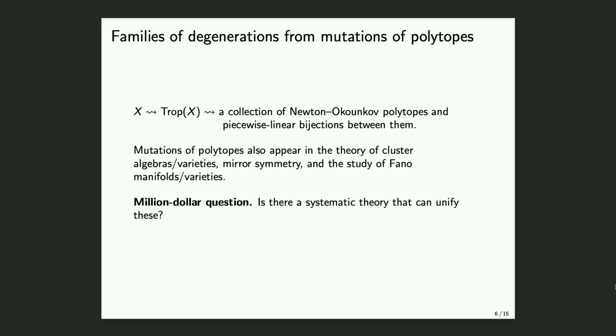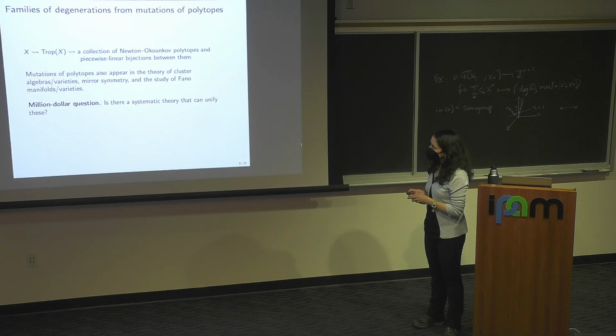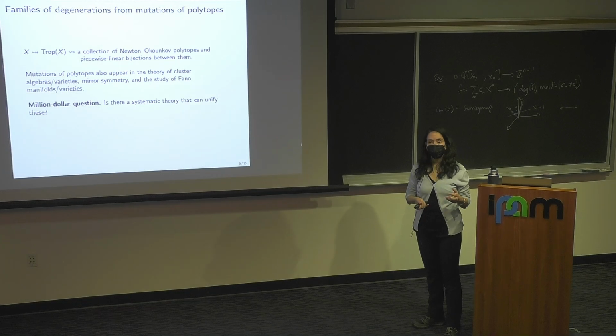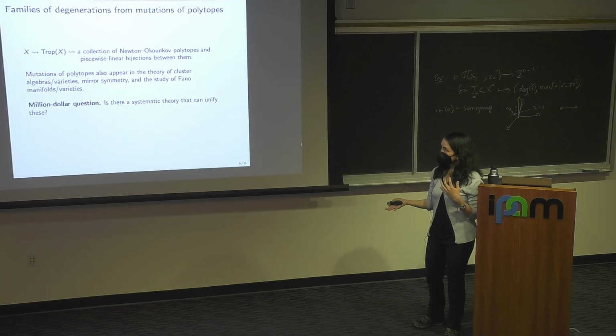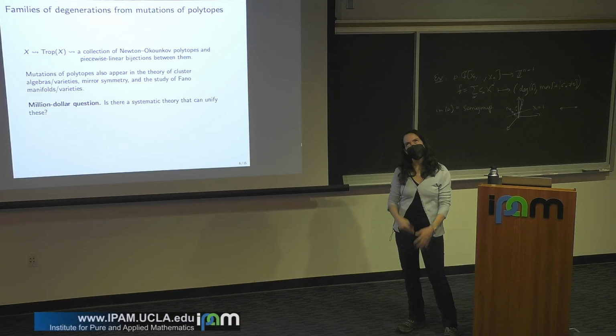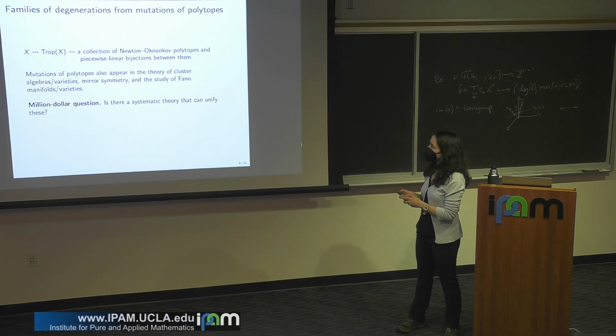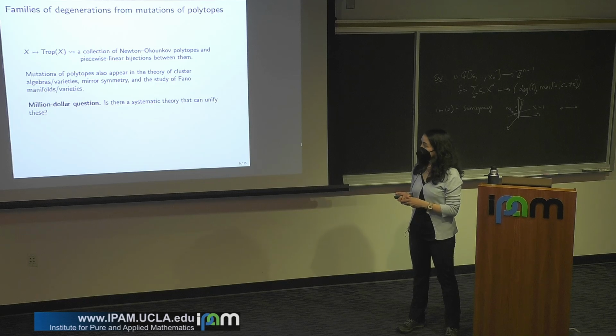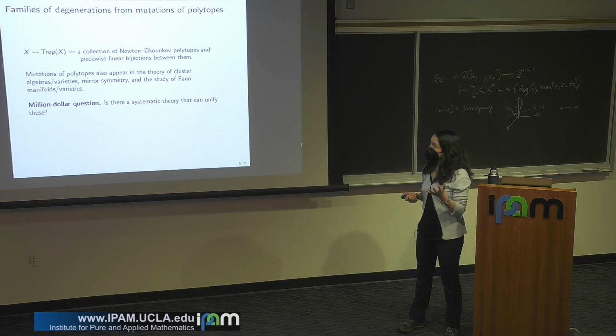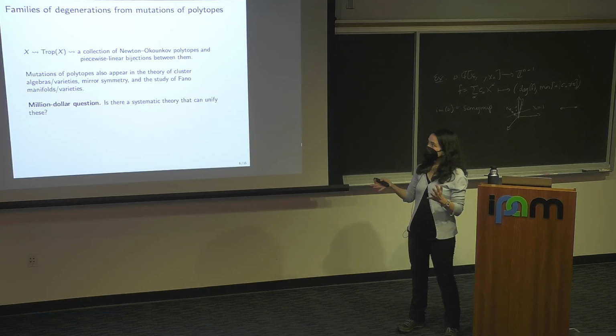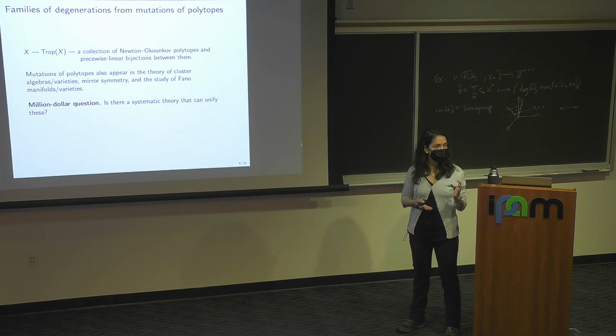And these piecewise linear bijections don't just appear in our setting. You can also do mirrors, like cluster algebras and varieties. They give you tropical degenerations, toric degenerations. I won't go into details, but it is known that cluster algebras are a way to construct toric degenerations. And in that setting, you again have polytopes and piecewise linear bijections between them.